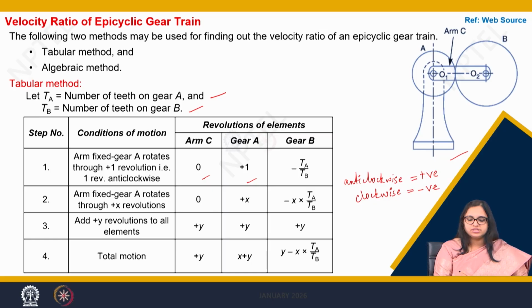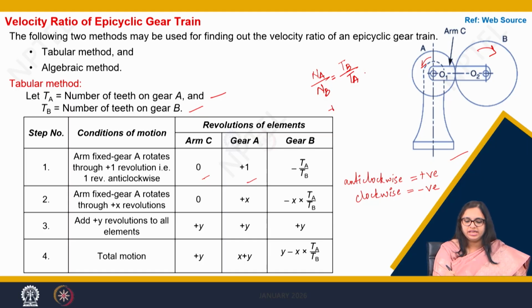So here the first condition is, while gear A rotates in the anti-clockwise direction and makes +1 revolution, how much would my gear B be making? That is, NA by NB will be equal to TB by TA.